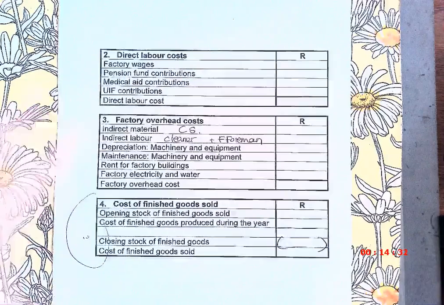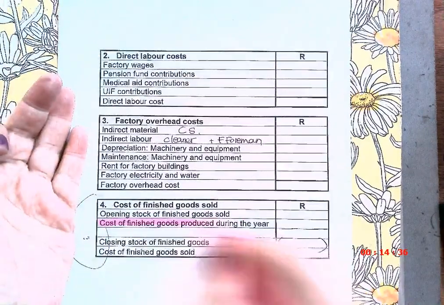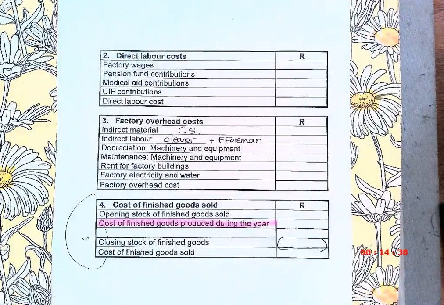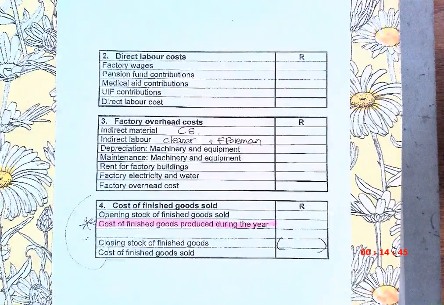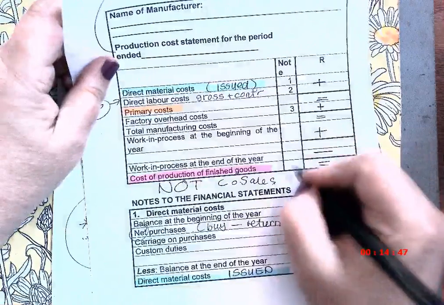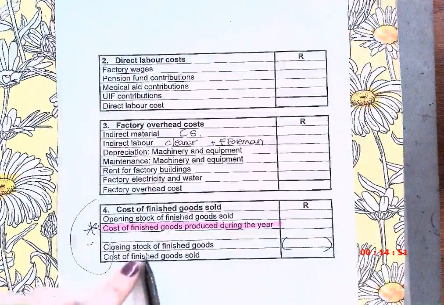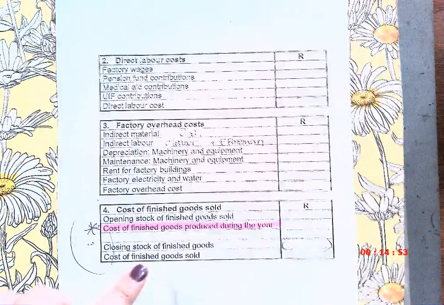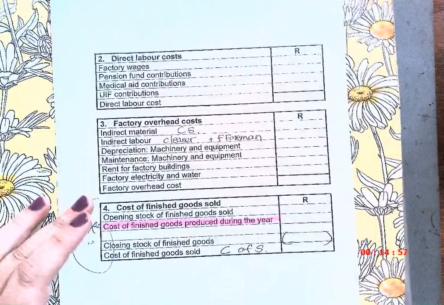Can you see this here? This is the amount that goes to the production cost statement. This is the thing that goes here. And there is your cost of finished goods sold, meaning your cost of sales. Okay.